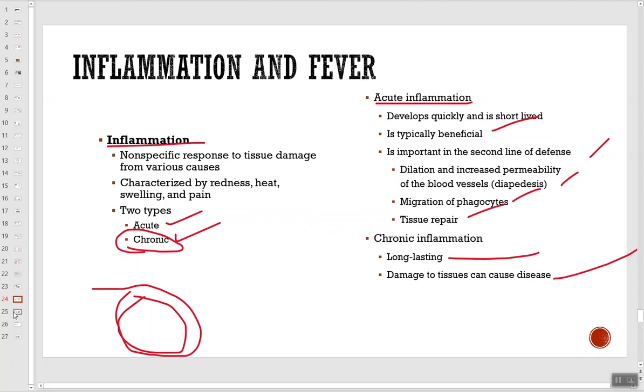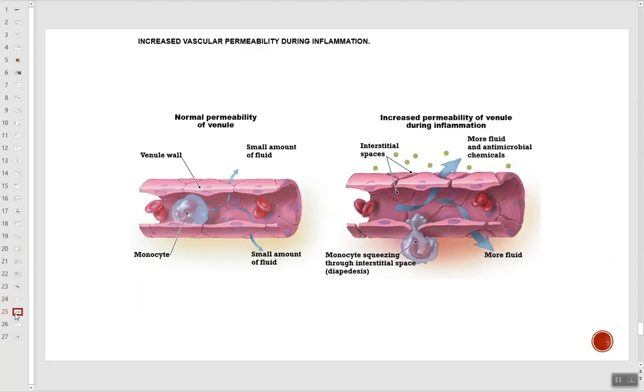So there's a monocyte, there's the wall of a vein, or typically it's actually going to be a capillary. The pro-inflammatory mediators are going to cause the muscles to open up, to have gaps between the cells, and these cells are going to squeeze out of those gaps, and that's called diapedesis.